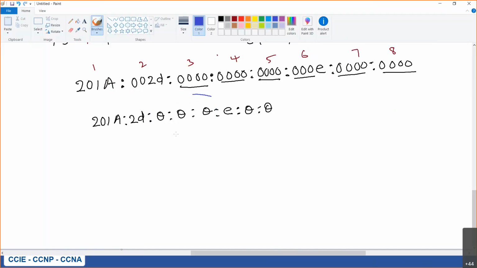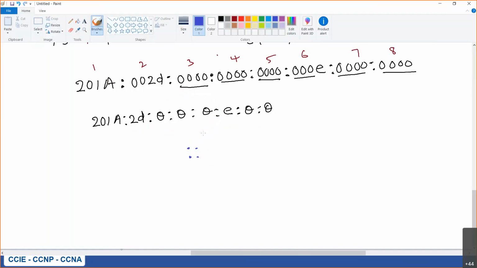So 3 zeros, 3 colons, not like that. Maybe 3 fields or 4 fields or 5 fields of zeros, just represent with a double colon. So double colon indicates multiple fields of zeros.